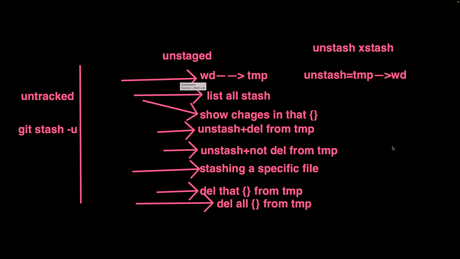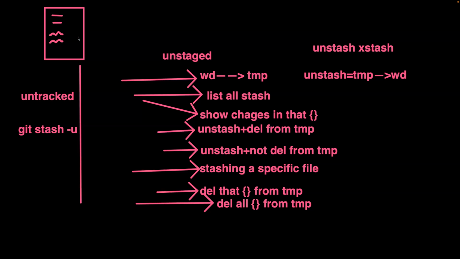Now suppose you have stashed it. Let's say this is your file. There were some lines here, let's say some content. This is all added and committed. Now there is some new line, and some more new lines. These are unstaged, meaning not added and committed.